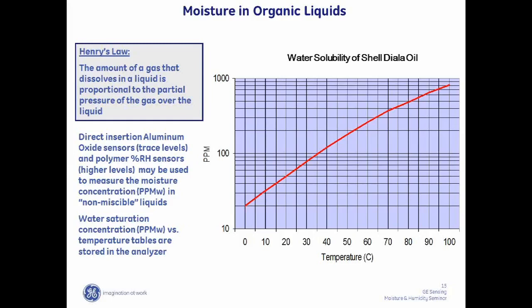But again, to do this, you have to have knowledge of the solubility data. What's shown here on the screen, for example, is Shell transformer oil, Diala oil it's called, and that's used to insulate power transformers.